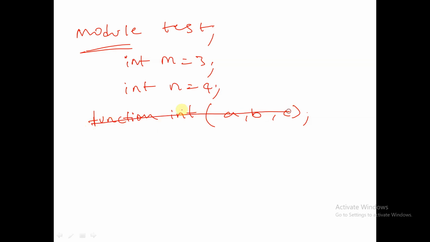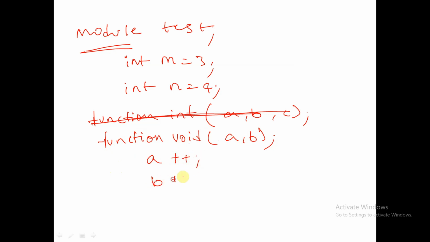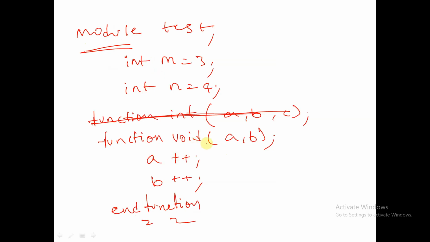For this example, I will just display the values. So function void, a comma b, I'll take two values and I will increment a plus plus and b plus plus and end the function. Within an initial beginning block, I'll call the function void.